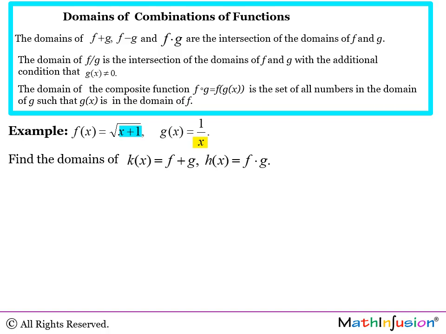Let's do an example. Here is f and g. Find the domain of the following functions. First of all, k of x, which is f plus g, and then h of x, which is f times g.